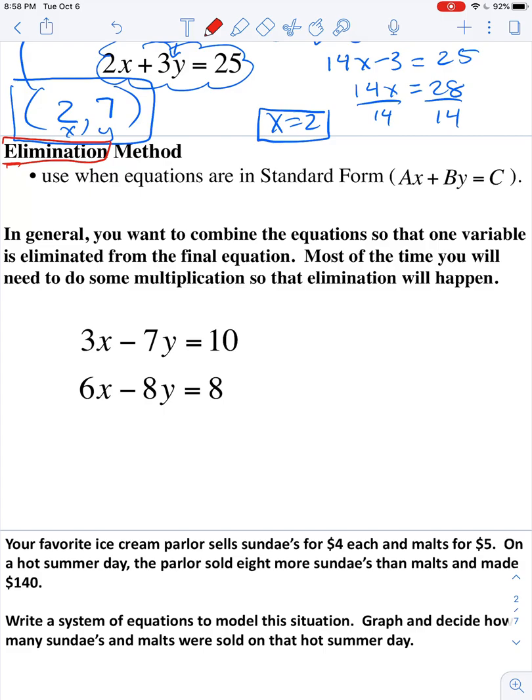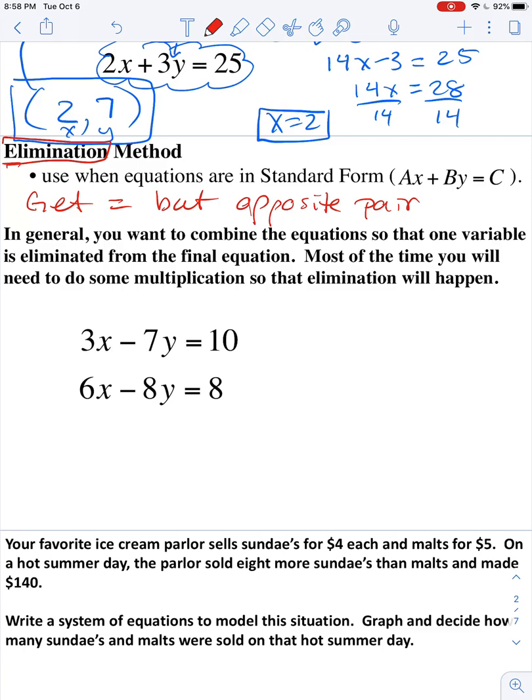Shockingly, the elimination method requires us to eliminate a variable. And so we're going to eliminate a variable because our goal is to get an equal but opposite pair. It doesn't matter if you want to eliminate the x's or the y's, so go for the easiest thing.